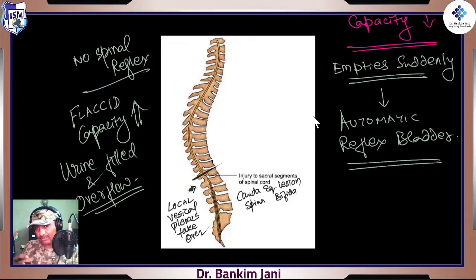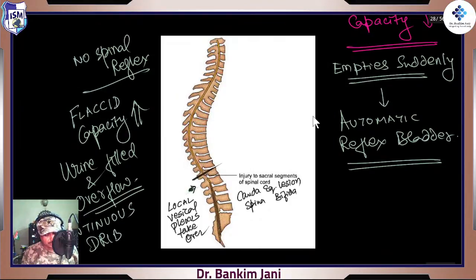In the automatic reflex bladder, it has less capacity, but it contracts and empties, then fills again till the next action. Here, this is a bag fully filled, and even 10 ml coming means 10 ml dribbling. That's the difference, and this is what is called continuous dribbling.